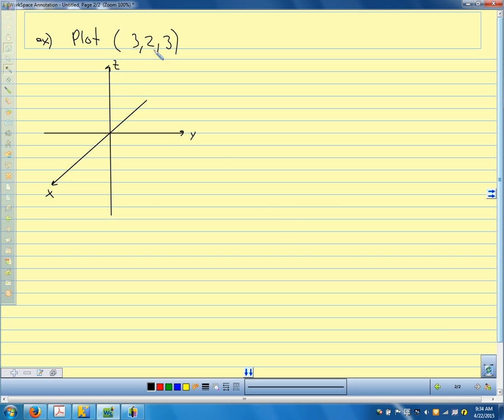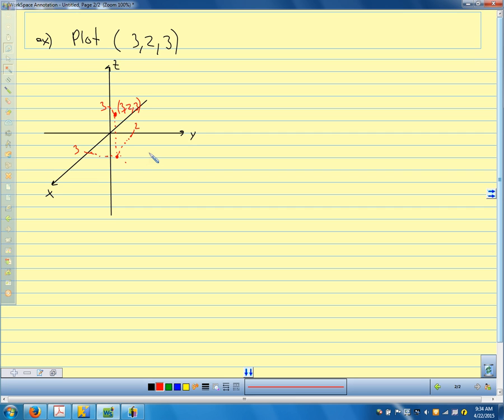I'm just going to plot these in the xy plane. I'll do this in red: here's x equals 3. Here's y equals 2. So there's the point 3, 2 in the xy plane. Then I'm going to go up 3 units, and there's z equals 3. So there would be my point, 3, 2, 3.